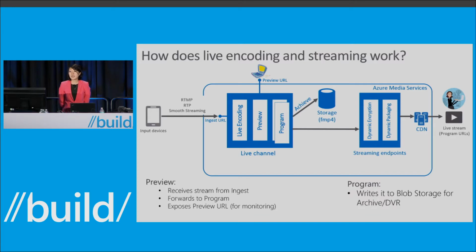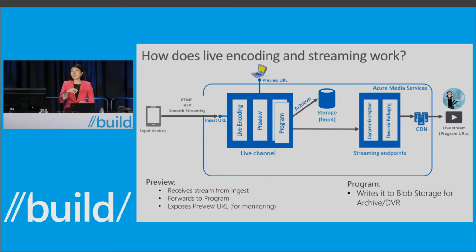One of the great things about live encoding is that before, without this module, if you wanted a multi-bit rate stream, your device or on-premises encoder had to encode first, right? It's a pretty CPU-intensive activity, which means you need a higher capability machine.